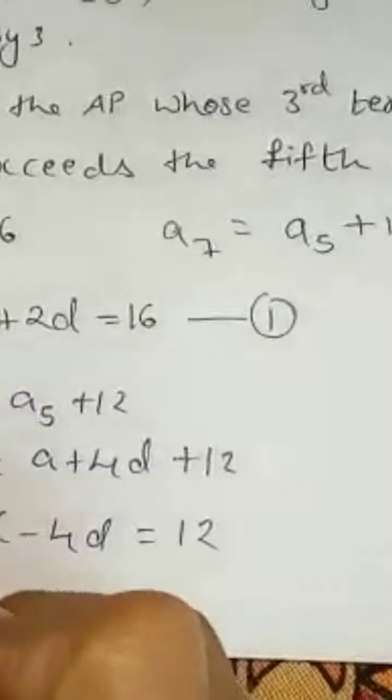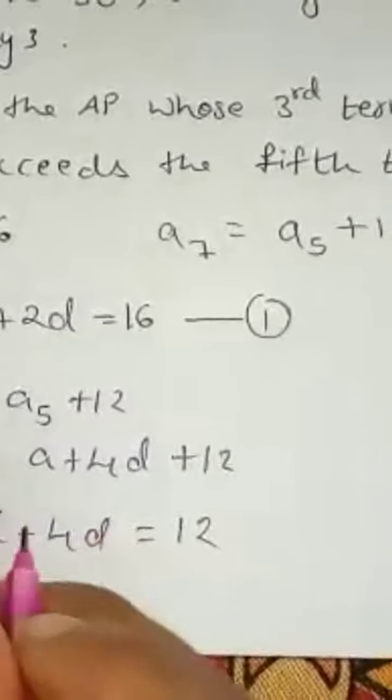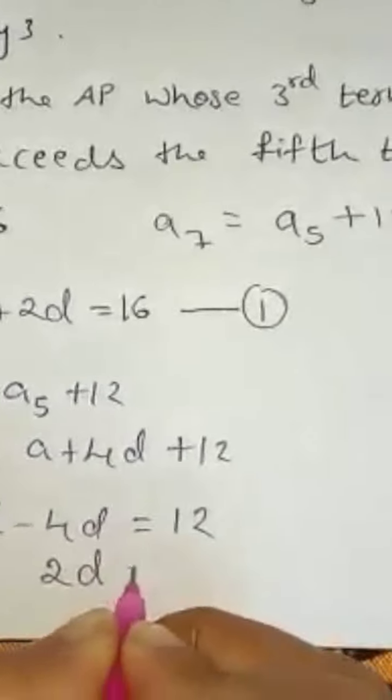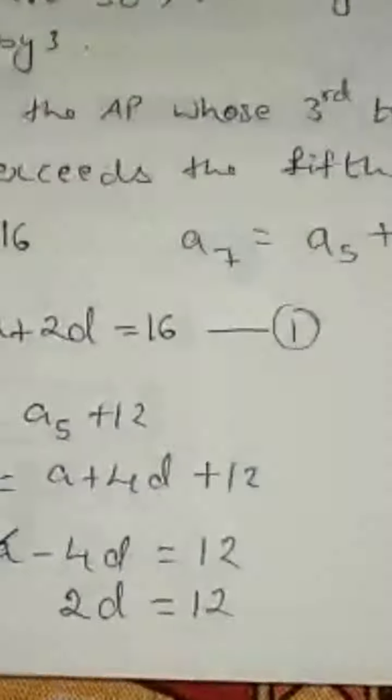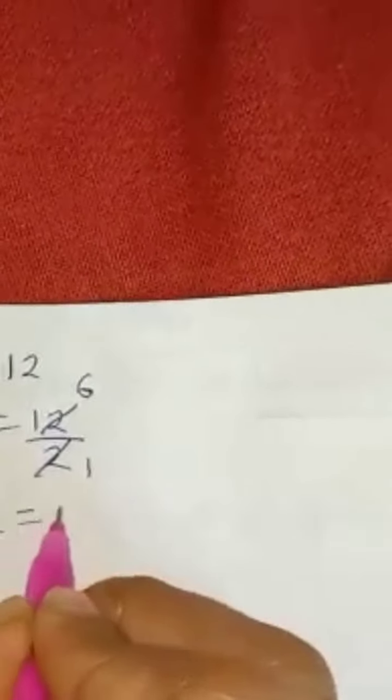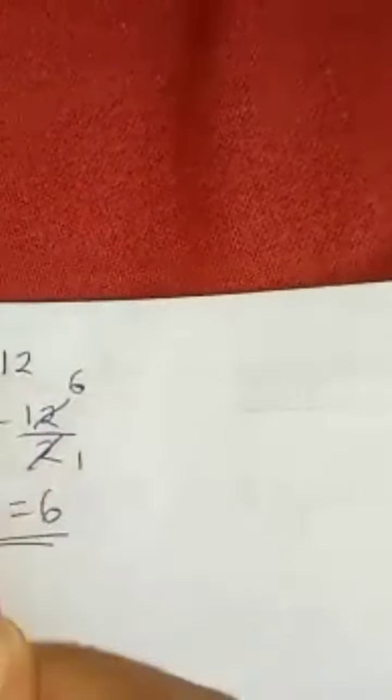So plus a and minus a cancel. 6d minus 4d, 2d is remaining. 2d equals 12. So we want d, right? 2 is multiplied to d, so when you take it to the other side, multiplication becomes division: 12 by 2. 2 sixes are 12. So you got d is equal to 6.